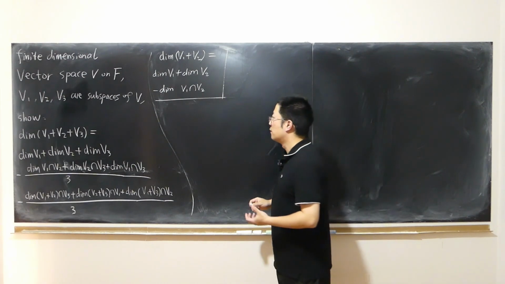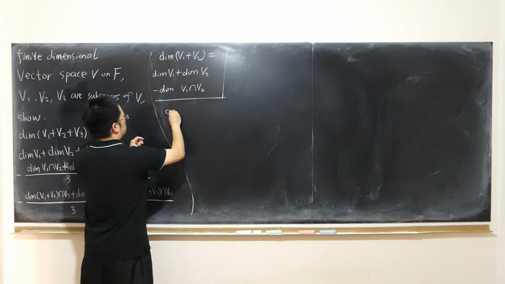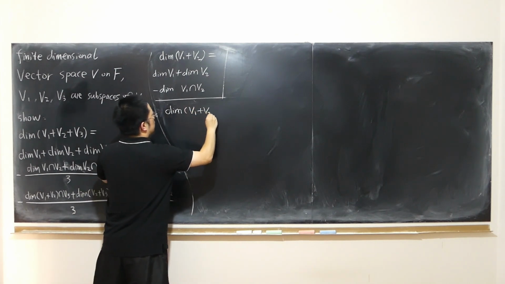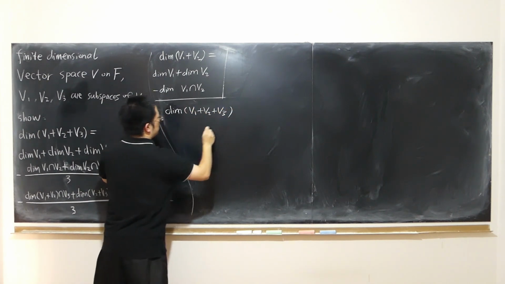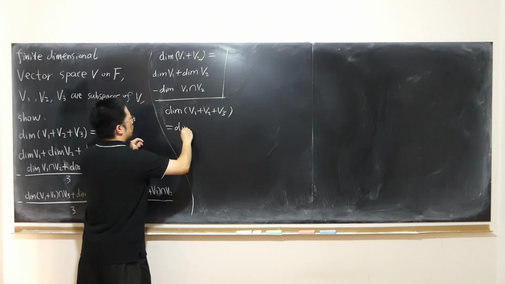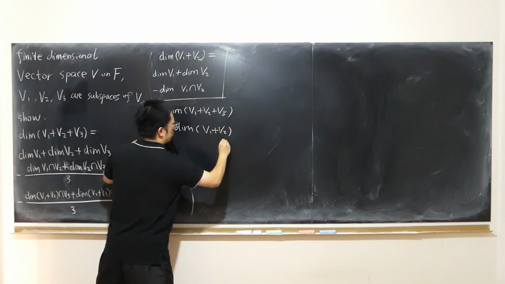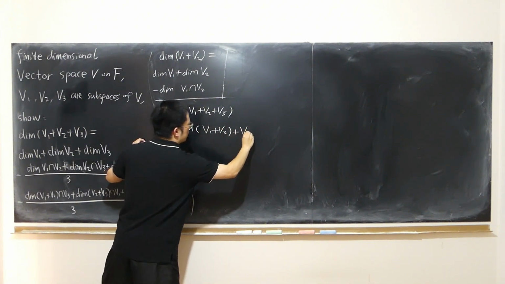I'm not going to prove it here, but we can rewrite the dimension of their sum into the dimension of V1 plus V2 first, then plus V3.